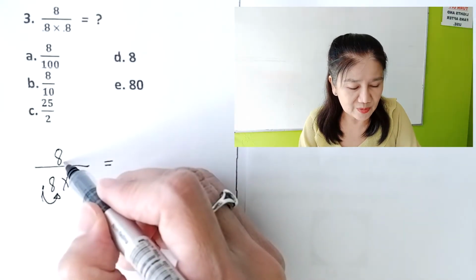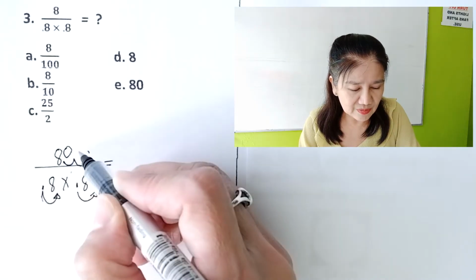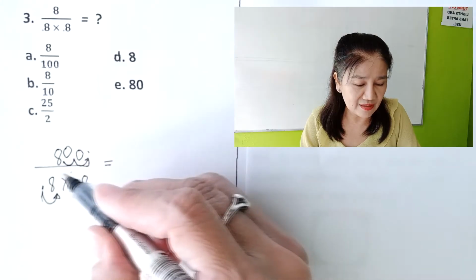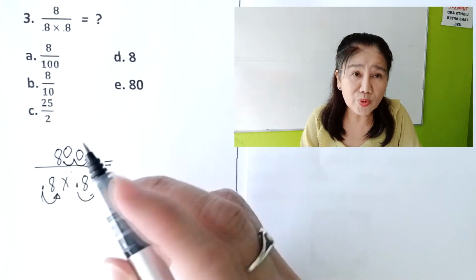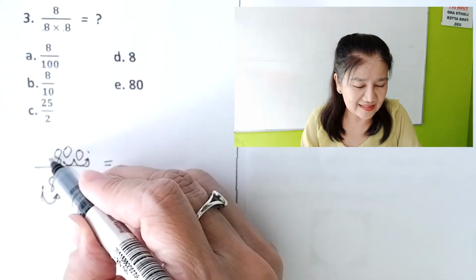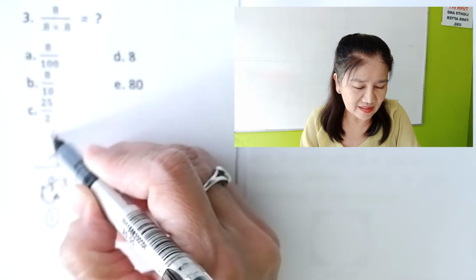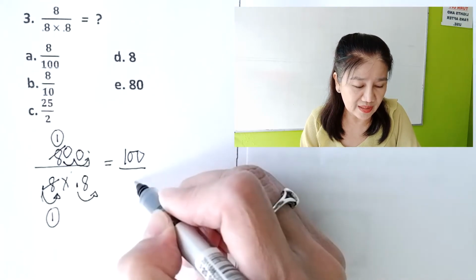So you also have to move the decimal point here 1, 2. So put zeros there. So now finally you have 800 over 8 times 8. But notice that 8 is cancelable with 8 here. Obviously, you have a 1 here and a 1. So you are now left with 100 over 8.